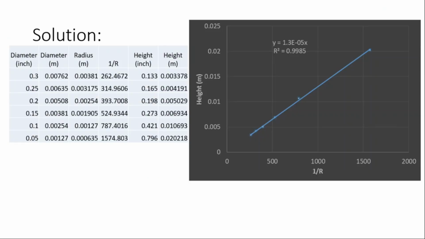And I get different results. These are the values given in the data, the diameter and the height. I reduce the diameter into meters, and then into radius, and I have to plot 1 over r.